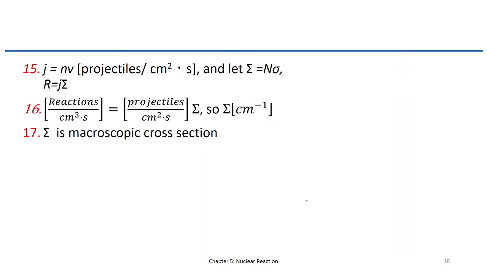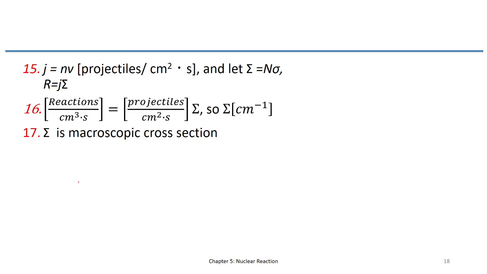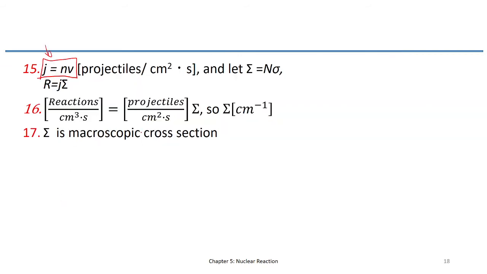And there is another way to express R, by putting nv equal to j. We did this in point number 11. Here we want to put the multiplication of capital N with the cross section, small sigma.